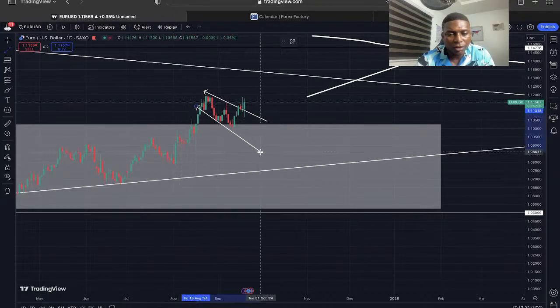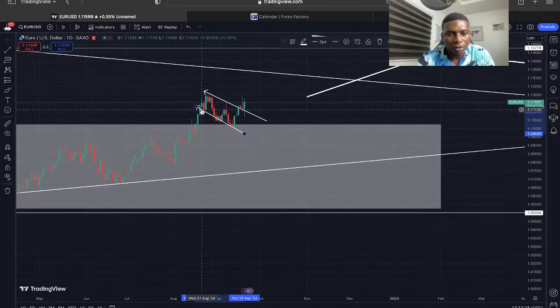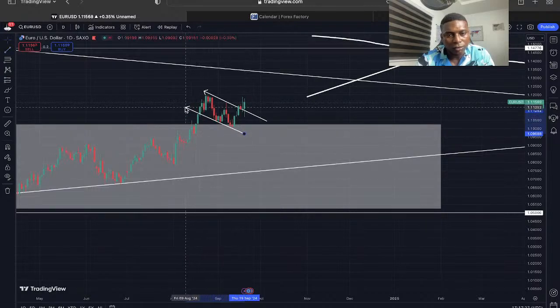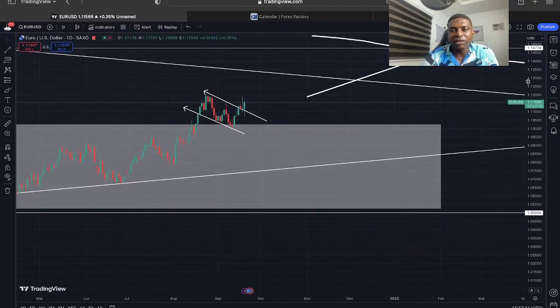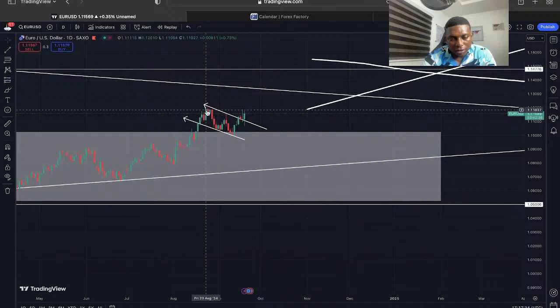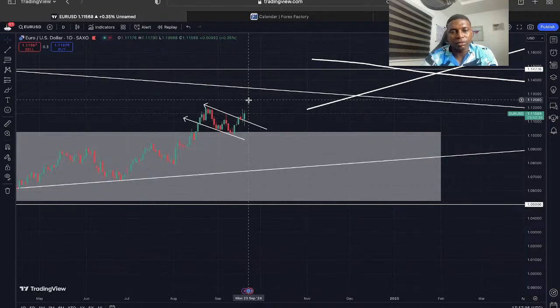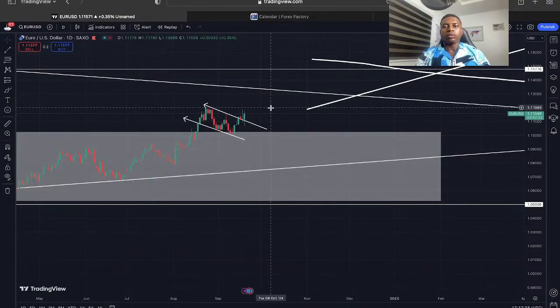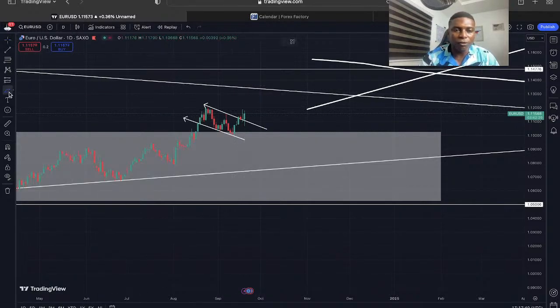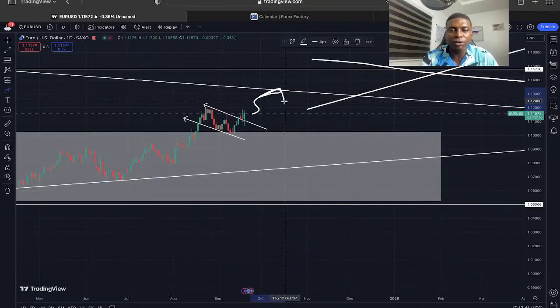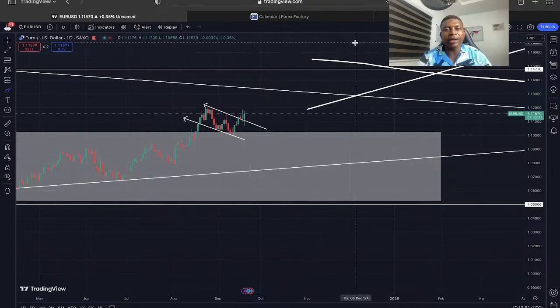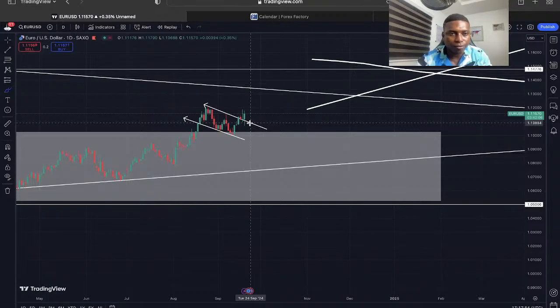All right, and we can definitely see that price has broken out of this channel. The next move of price from here is most likely up. There's a higher probability that price will push higher from this level.